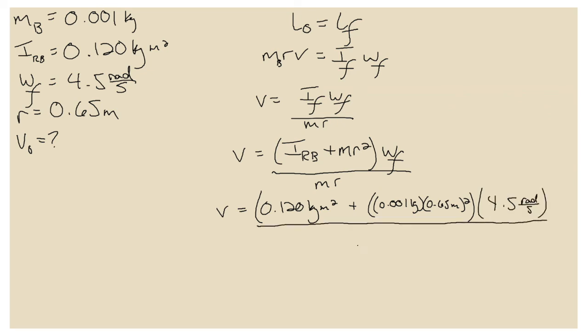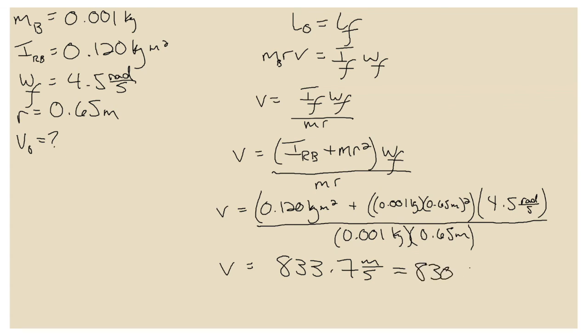And then we're going to divide that by m times r, which is 0.001 kilograms times 0.65 meters. When you do that math, making sure you have everything plugged in very carefully, you end up with a final answer of 833.7 meters per second, which we can say is approximately equal to 830 meters per second.